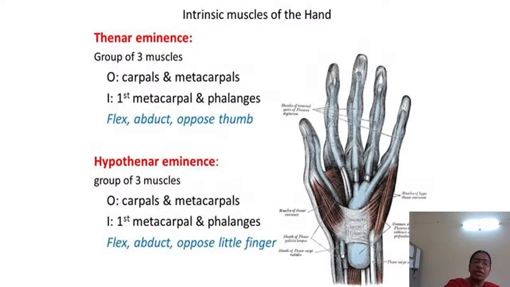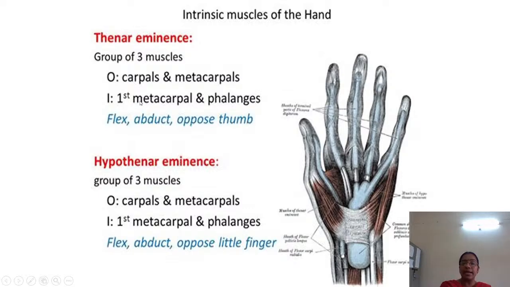First, the thenar muscles form the thenar eminence. When you see the introduction, it consists of three muscles: the flexor group, the abductor group and the opponens group. All three thenar muscles take origin from the carpals and metacarpals.